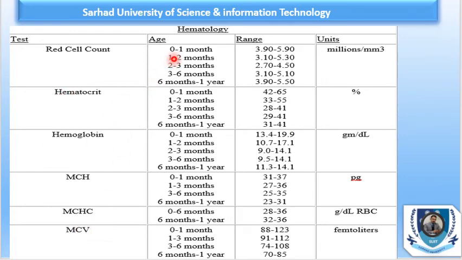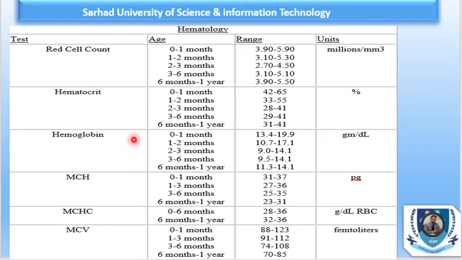For 0 to 1 month the normal range for RBC is 3.90 to 5.90, hematocrit is 42 to 65, and hemoglobin is 13.4 to 19.9. So if you have a report like this and you see a hemoglobin of 19.5, you might think, oh, here we have polycythemia. But if you check his age, and it is 6 days, then you will think, oh, it's a normal report. So this is very important. You must memorize this, and you must have a copy of this chart in your lab.